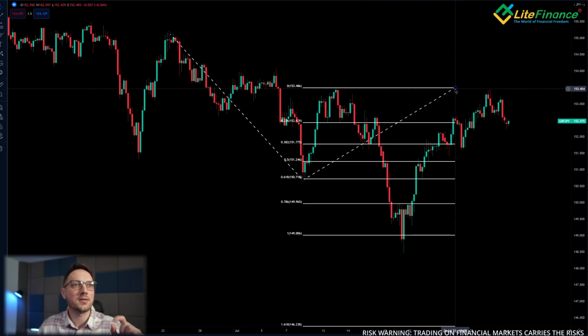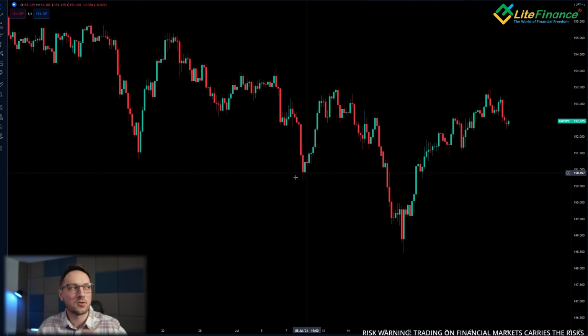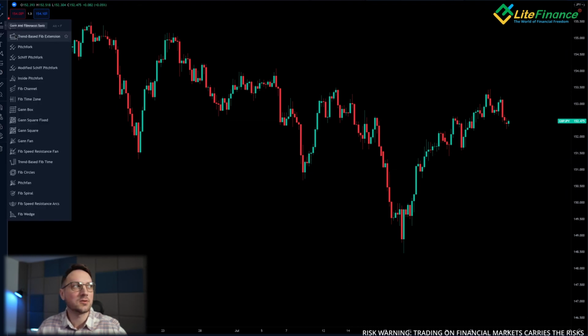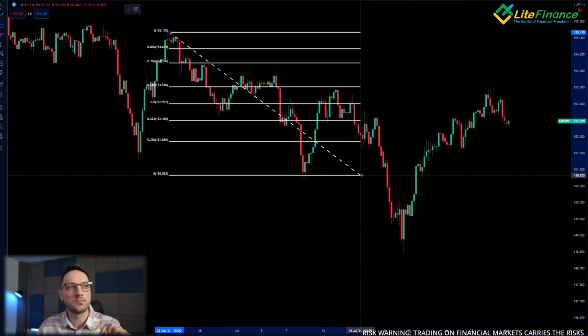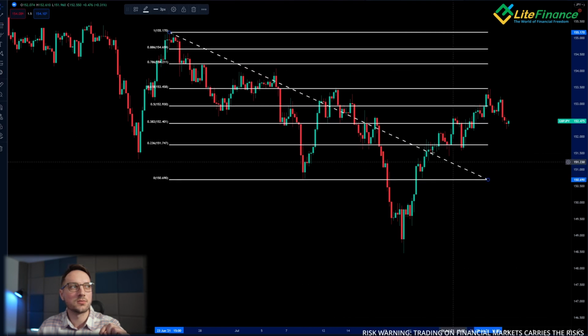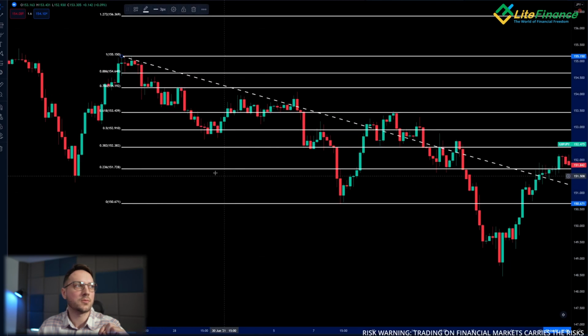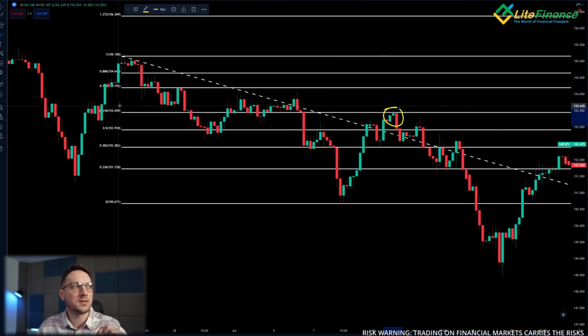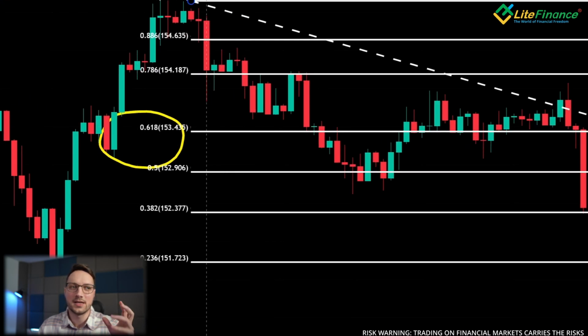The other thing to spot AB equals CD pattern is that this correction move should be around the 61.8 level, or in here it would be 0.618. So again, we are measuring this move from the notch to the notch, and what we see clearly is that this move ended right here at 0.618.